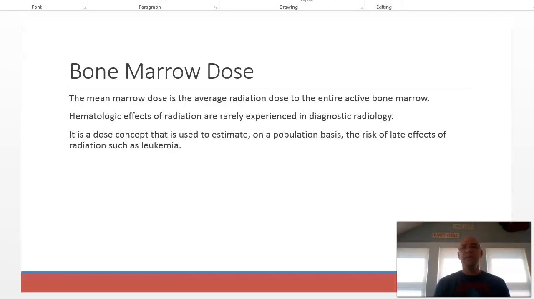So this is looked at to study the risk of populations having late effects of radiation such as leukemia and any type of cancer or melanoma. So again, something that we really don't need to worry about as X-ray techs, but you should at least know that in order for us to study those stochastic, cancer-related effects based on radiation, we have bone marrow dose studies.